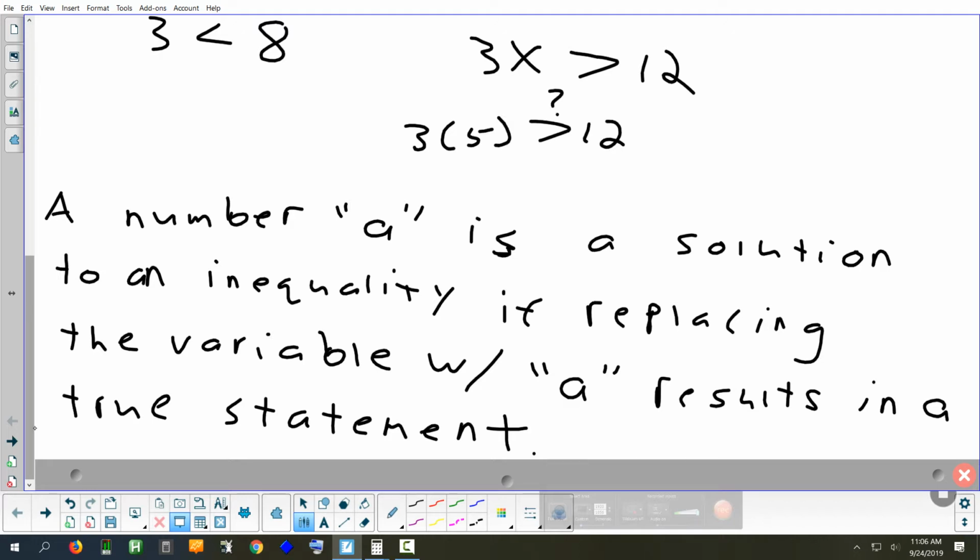Is that true? Yeah, so 5 is a solution. If I wanted to check if 2 is a solution, is 3 times 2 greater than 12? No. So 2 is not a solution. Right? So you plug it in, see if you get a true statement. If it's false, it's not a solution.